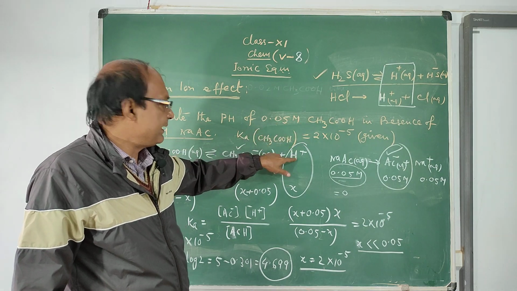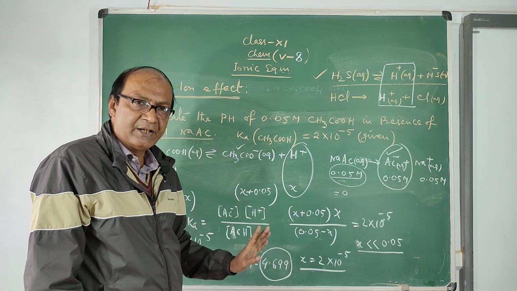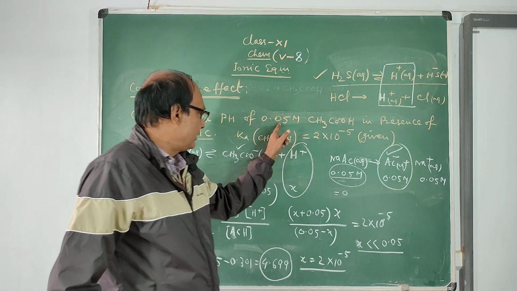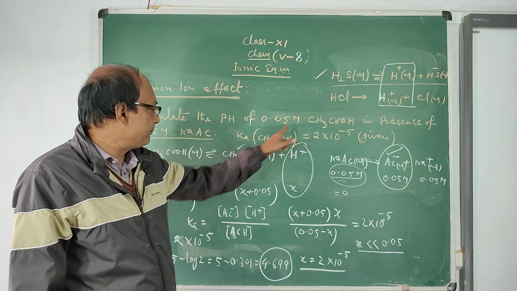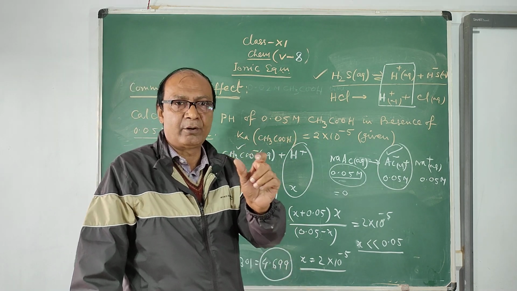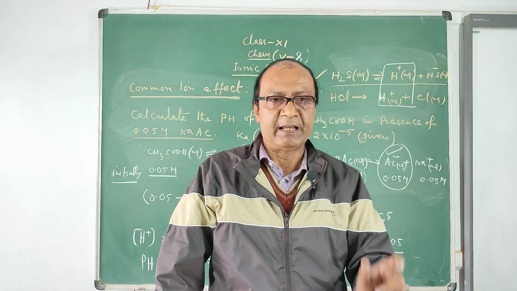If it is only taken in aqueous medium, this concentration will be more, so the pH value will be less. So you can find the pH in aqueous medium only, and you can find the pH in the presence of sodium acetate, and then you can compare the effect on pH after addition of sodium acetate to acetic acid.